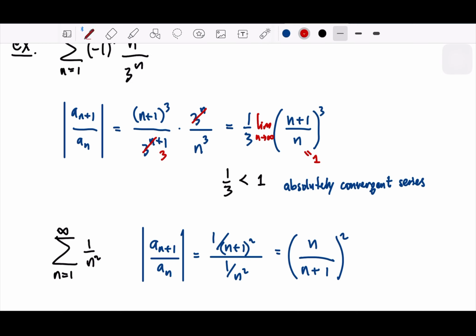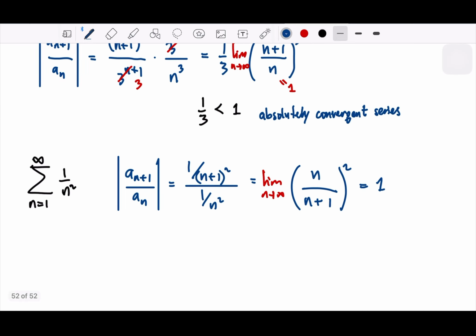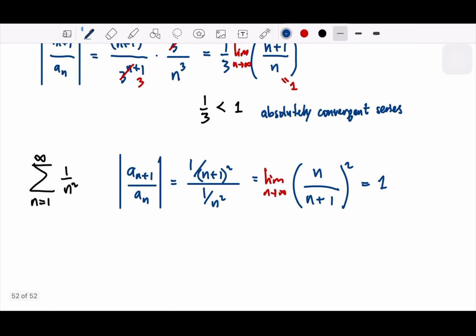If we take the limit, this will result in 1, which means we are getting nowhere. So if we get 1 as our result, it means that it's inconclusive.